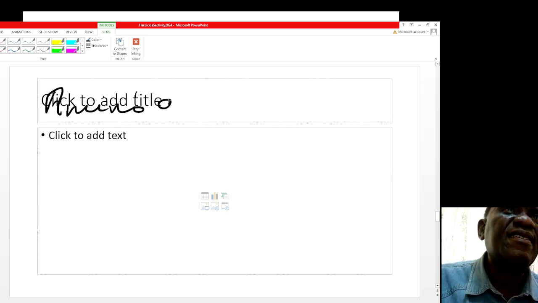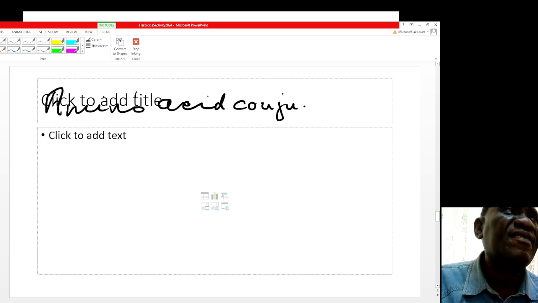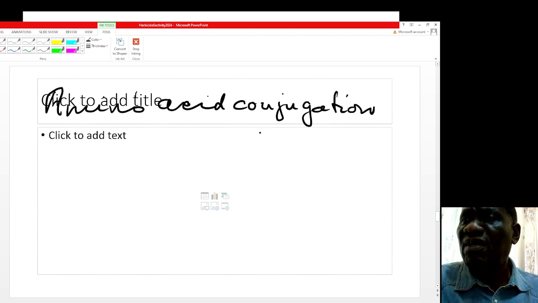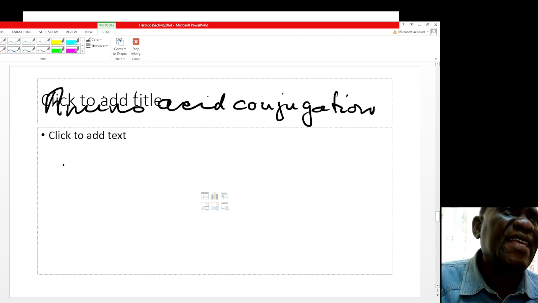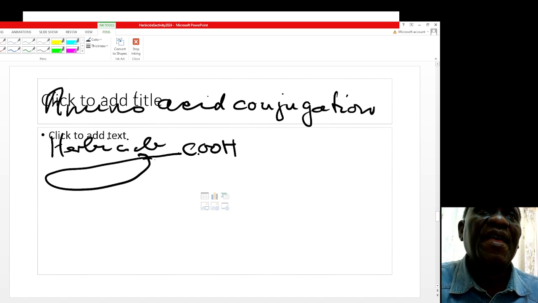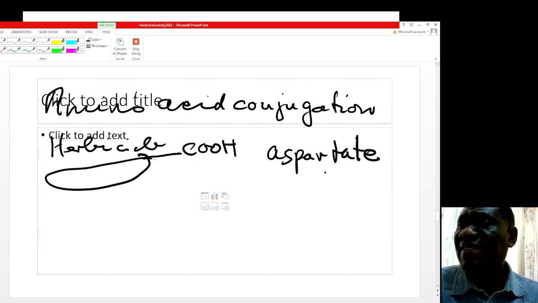Amino acid conjugation. Right, here the herbicide should carry a COOH, and we have what is known as aspartate. I won't write the molecular structure of this.